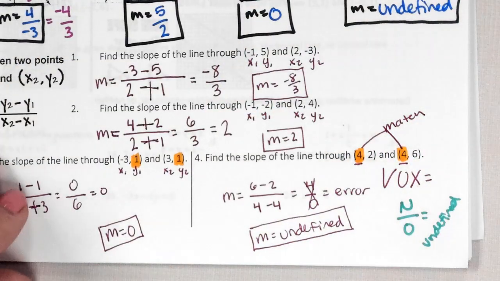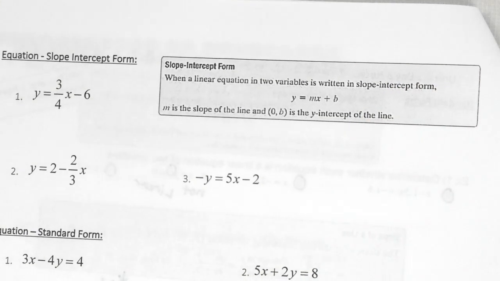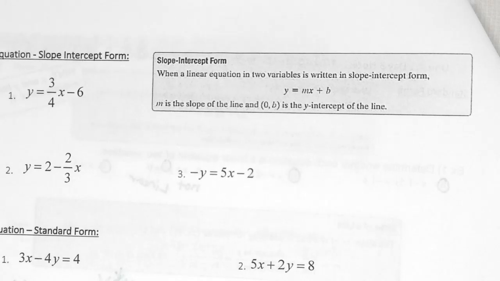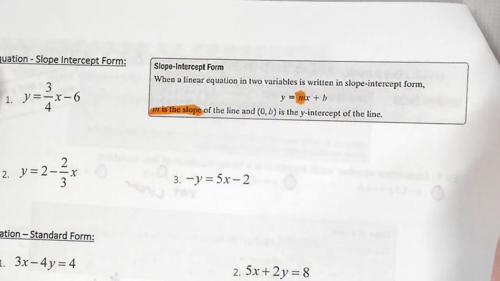Okay, flip to the back. Now we have slope-intercept form, which is y equals mx plus b. We like this form because as long as y is by itself, we don't have to do anything to fix it. So when y is by itself, m is my slope. And what is m always touching?